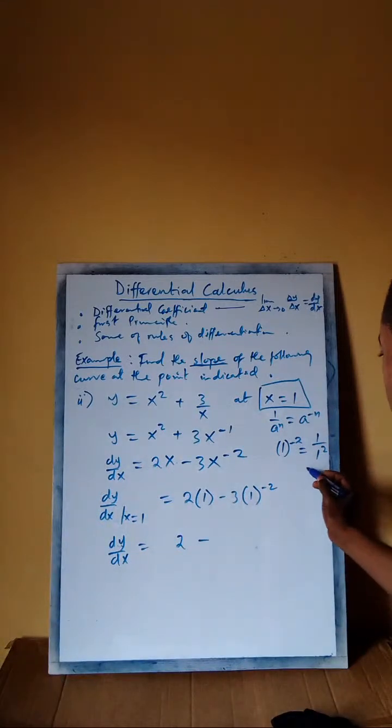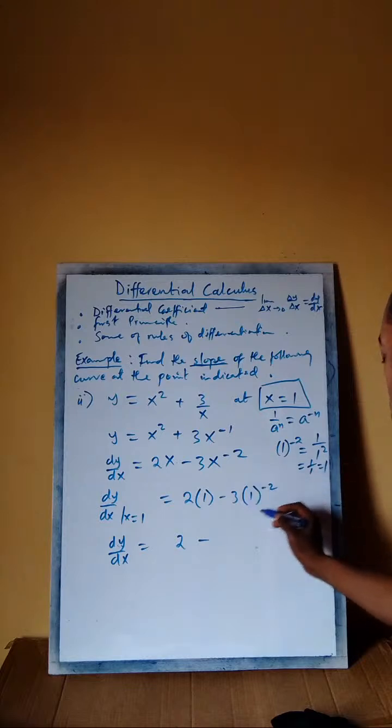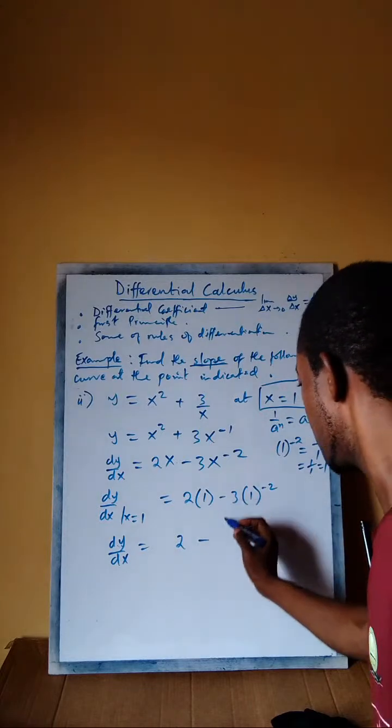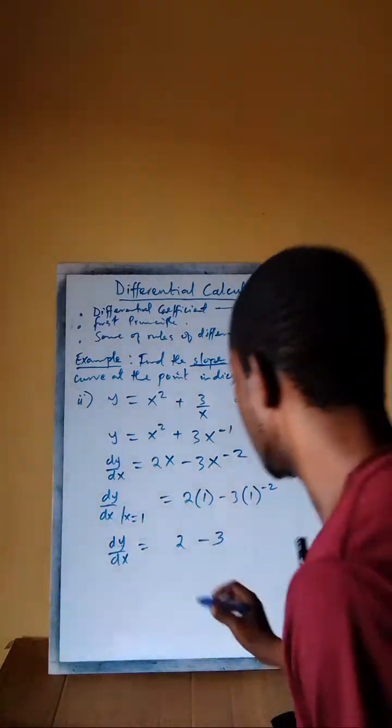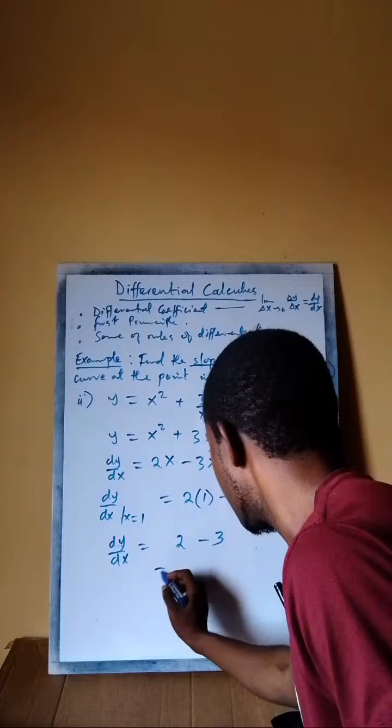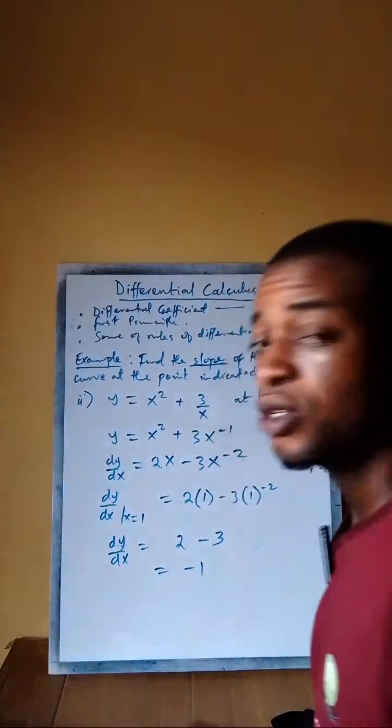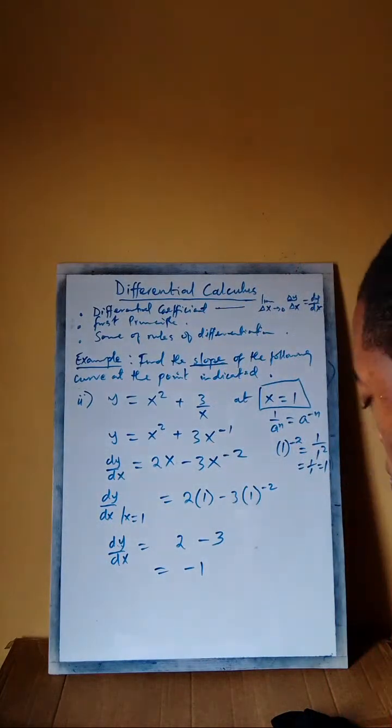So this is 1 over 1, which is 1. So 1 times minus 3 is still minus 3. Therefore, dy/dx at x equals 1 is 2 minus 3, that's minus 1.